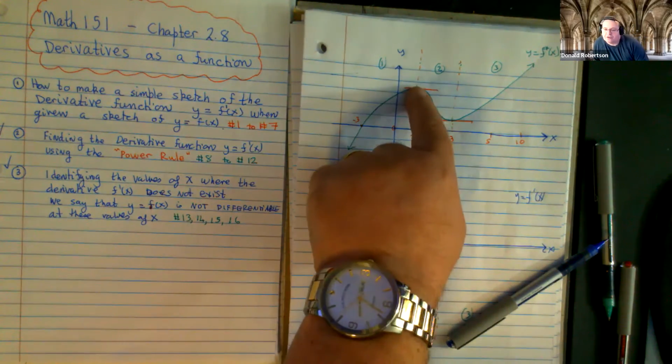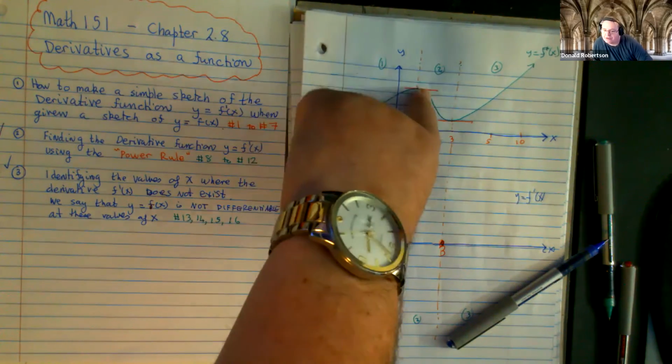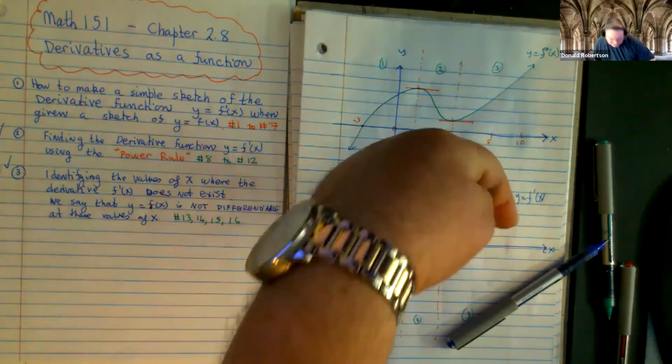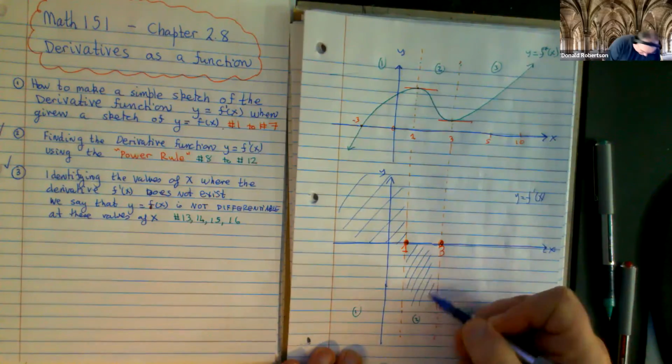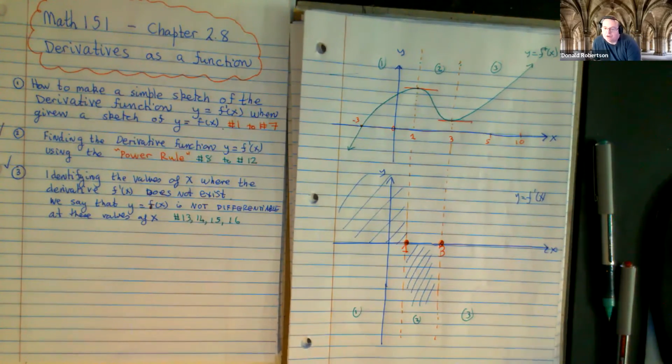Now, what's the derivative going to look like in region 2? Well, if you pick any point in this region, isn't the function going to have a downwards pointing derivative? And downwards pointing means negative. So that means the derivative lives below the x-axis in region 2.